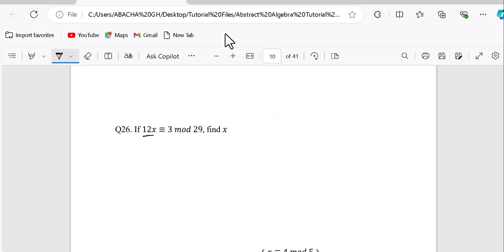Since this question is given to us in this form, you can clearly see that these have a common factor, so we can divide through by 3, and we have 4x is congruent to 1 mod 29.